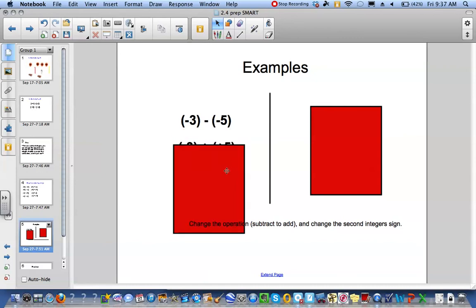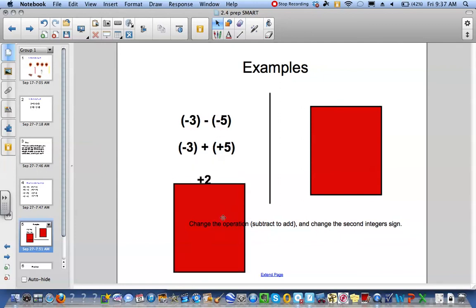So we change the operation and change the second sign. So it's negative 3 plus positive 5. We've just changed the operation, changed the second integer sign to a positive. And negative 3 plus positive 5 is positive 2. You could use tiles for that if you'd really like to and cancel them out. But negative 3 plus positive 5 is positive 2.